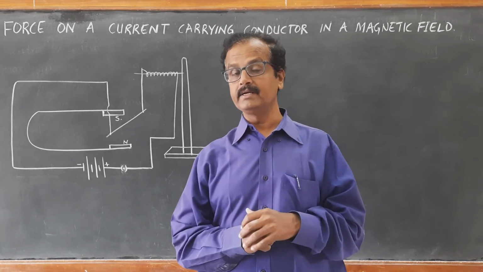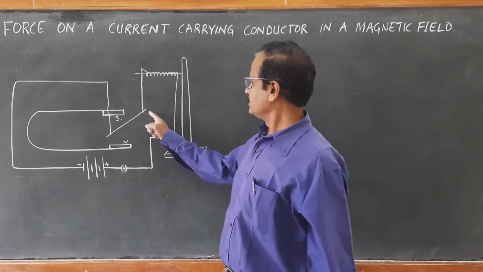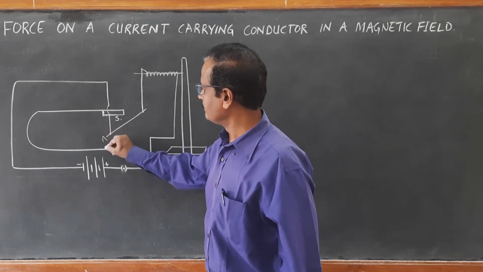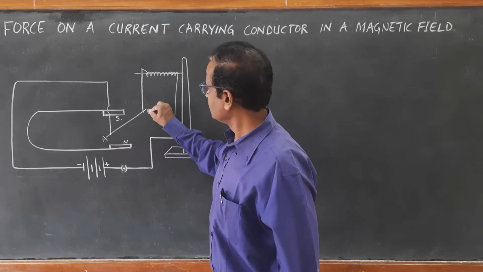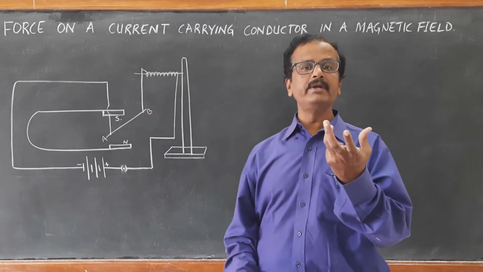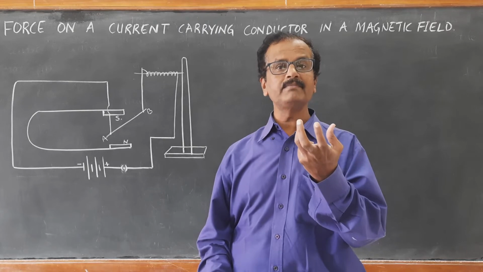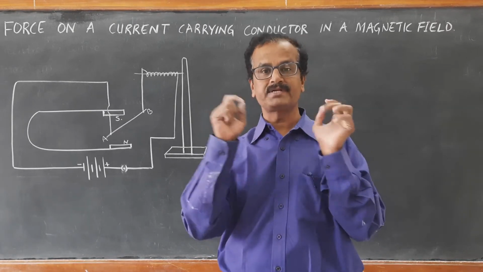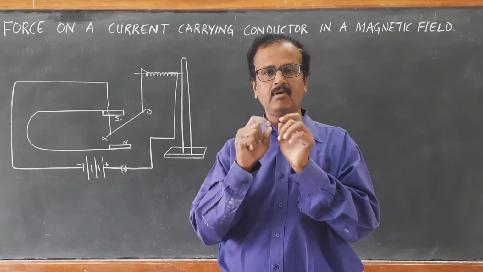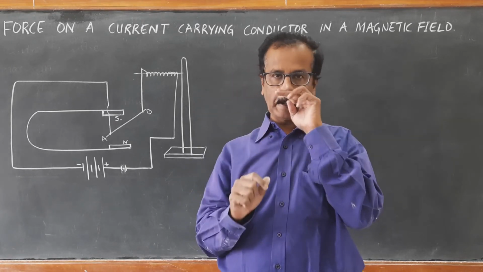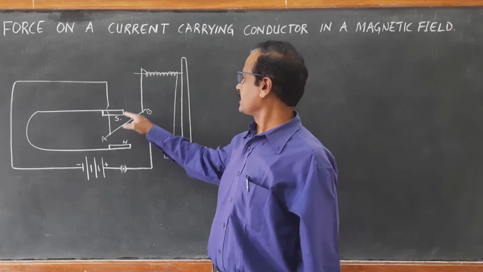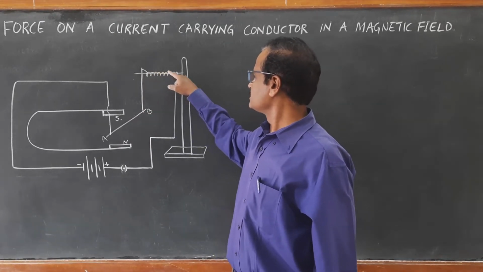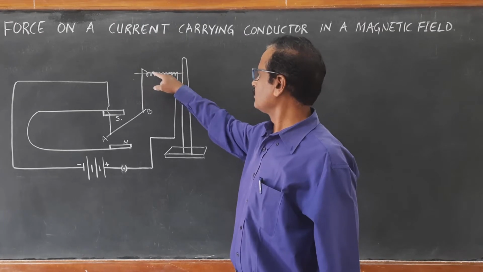How is it determined? Suppose this is a conductor, AB. AB is an aluminum rod, thin wire, strip or thick wire. This AB is connected with two wires with the help of a stand.